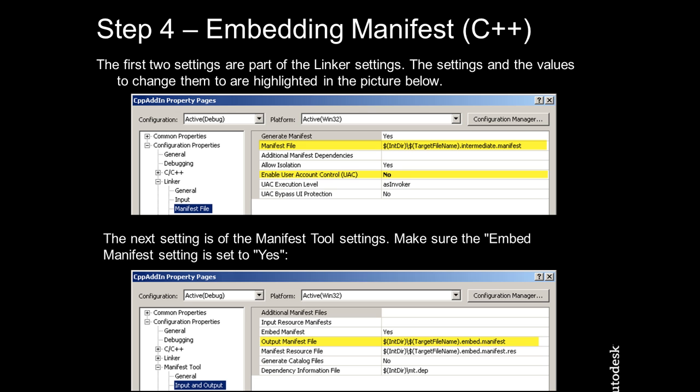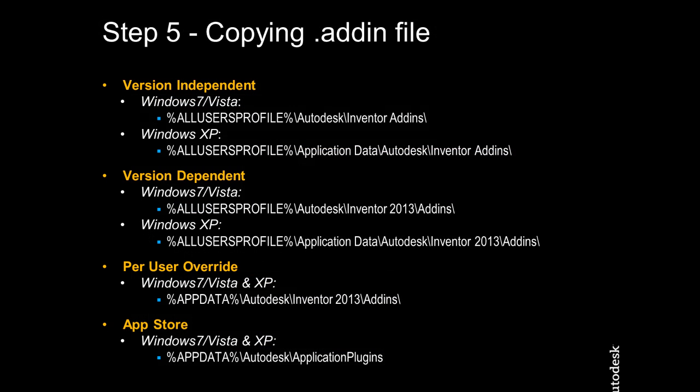Make sure that the embed manifest setting is set to yes and that the output manifest file is set to the correct file. The last step is to copy the .addin file into the folder of your choice, depending on the Inventor version or the user override you want to use.